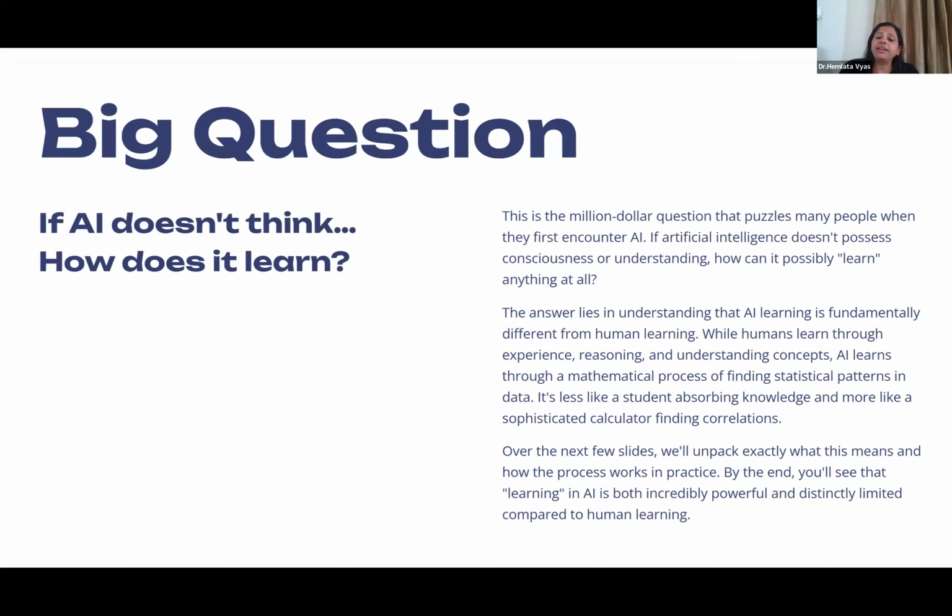But how is AI learning? It is learning through a mathematical process. What is that mathematical process? Finding the statistical patterns in data and using a sophisticated calculator, or a data tool, which can find the correlations within that data.